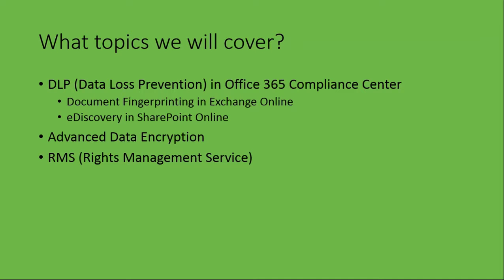So we can control who can do what even after downloading the document. These topics will tell us how much security has been applied in Office 365 and how we can have our team members follow the business regulations.